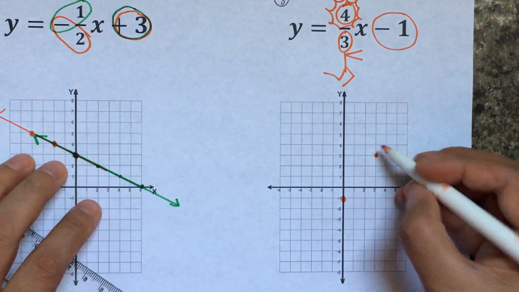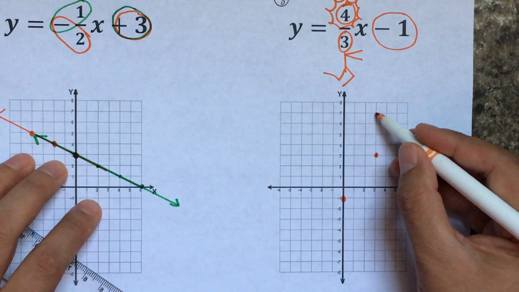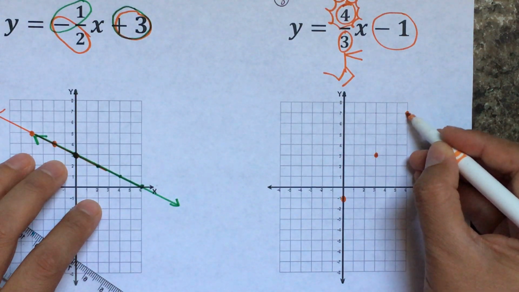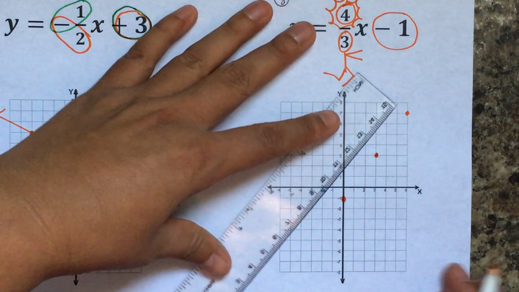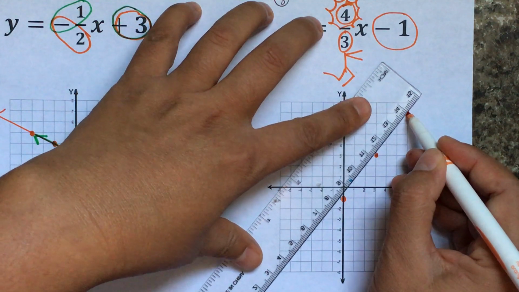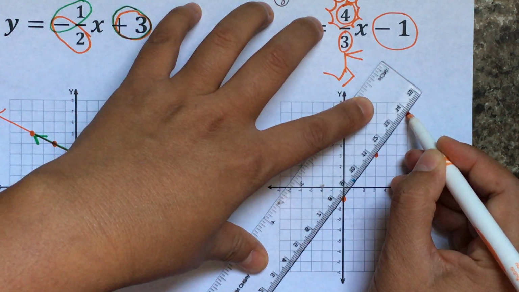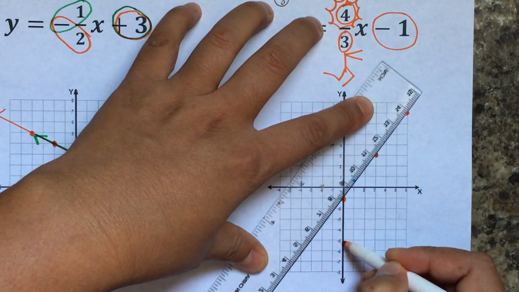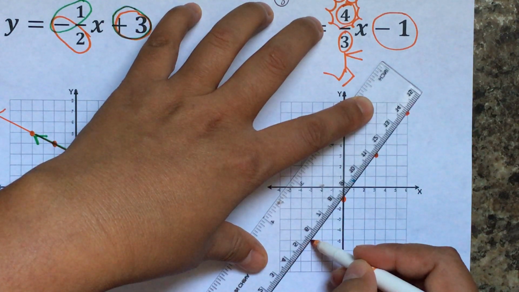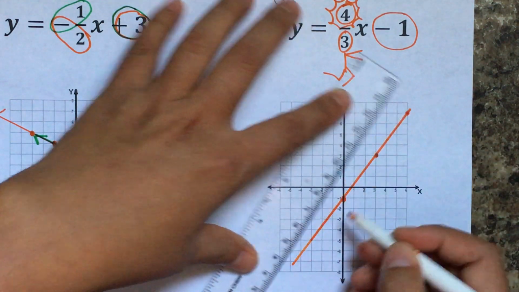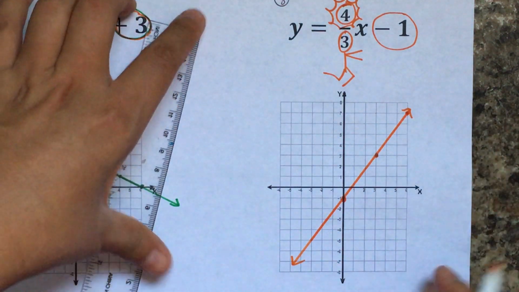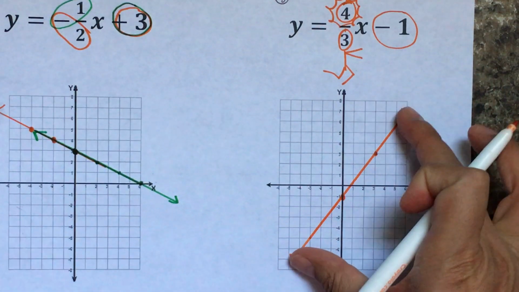Okay, 3. And so again, 1, 2, 3, 4, 1, 2, 3. Okay, so that's my line right there. And I'm just checking to make sure that it's 4 and 3. There you go. So that's where my line is gonna go. Okay, with the arrows at the end.